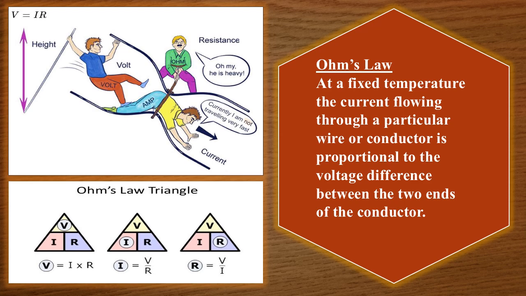Here is the triangle of Ohm. V is equal to IR, I is equal to V by R, R is equal to V by I. We can state that voltage is equal to electricity flow times resistance, or we can say like this too: electricity flow is equal to voltage by resistance.